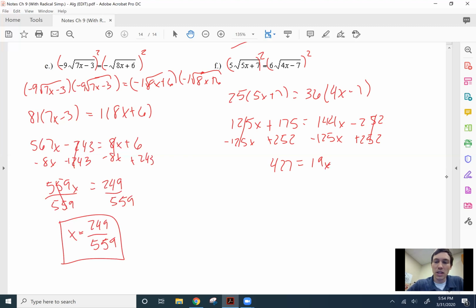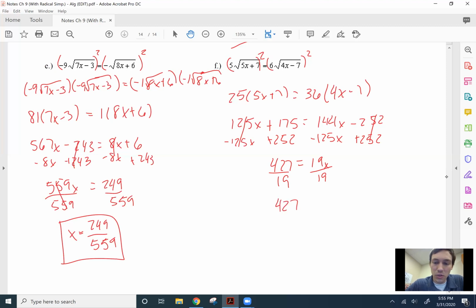X is being multiplied by 19, so I've got to divide by 19. 427 divided by 19, does that simplify down at all? Nope.